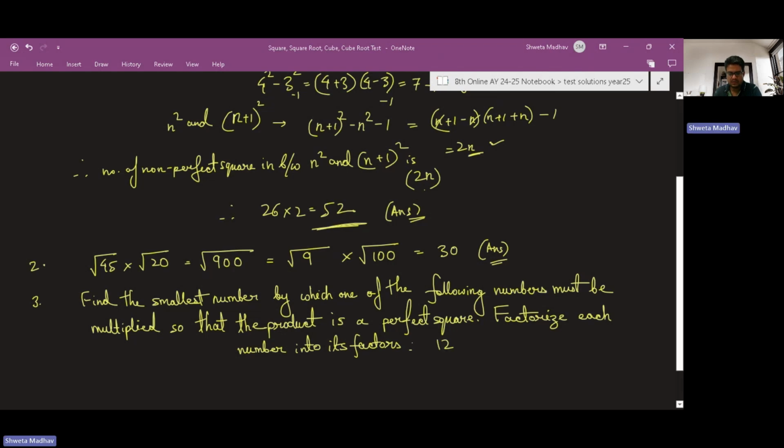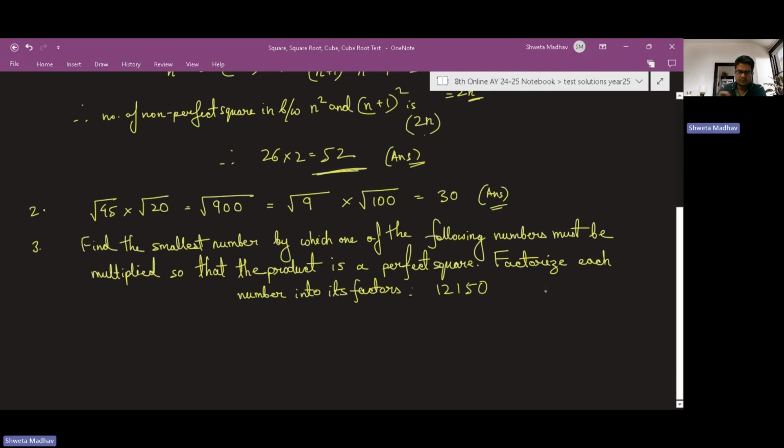So the number is 12150. We have to find the smallest number by which this number should be multiplied so that the product is a perfect square.